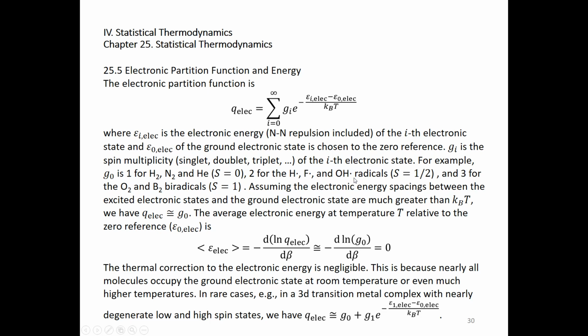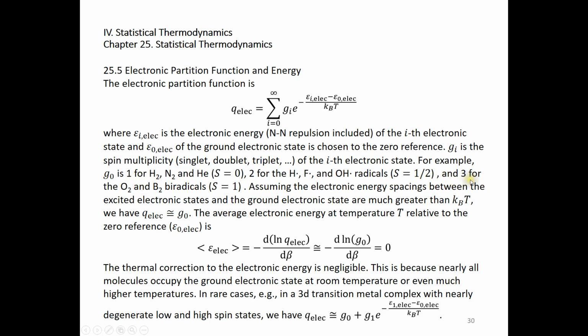In the ground electronic state, S is 1/2, therefore 2S plus 1 is 2. It's a doublet, so g_0 for these three radicals is 2.